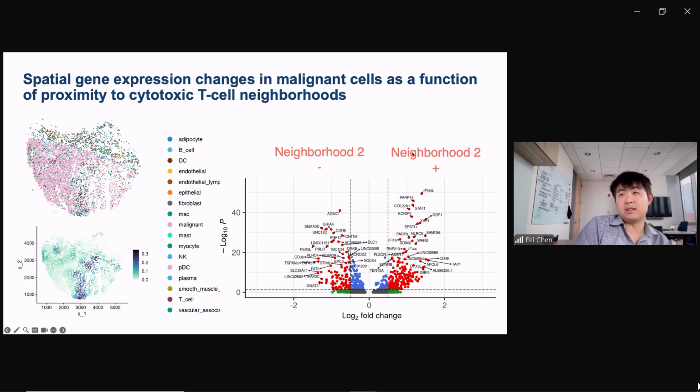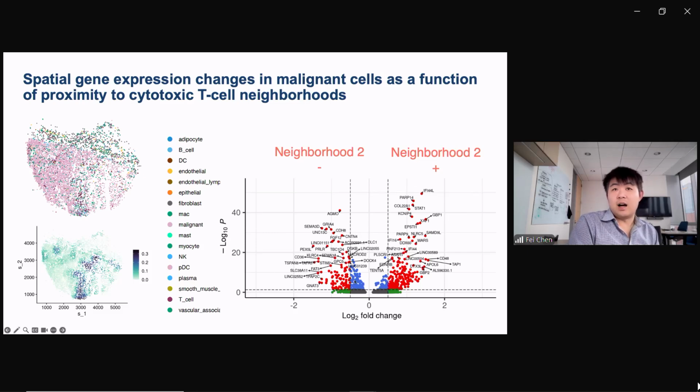Here are cancer cells near the cytotoxic T cell neighborhoods, and cancer cells away. You can see that near the cytotoxic T cell neighborhoods, you have basically interferon responses, as well as TAP. That's an interesting presentation.